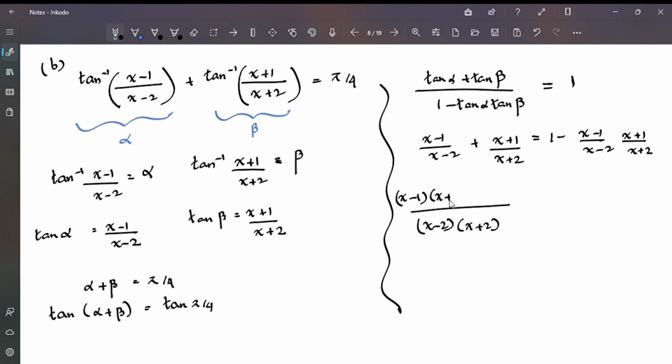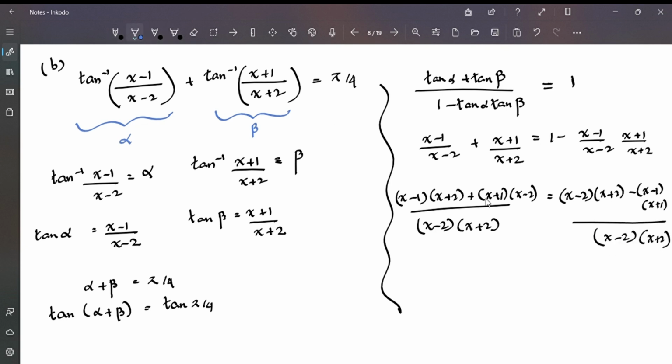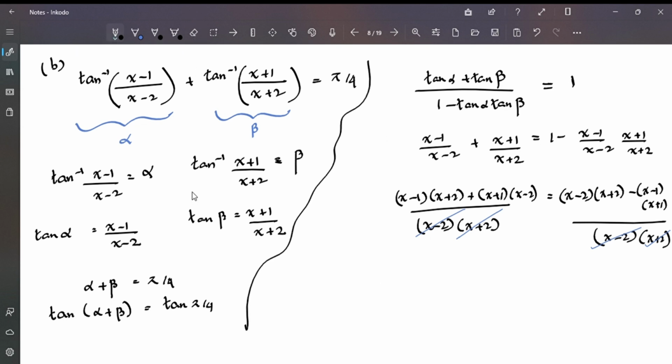Take the common denominator x minus 2, x plus 2. Cross multiply: x minus 1 times x plus 2 plus x plus 1 times x minus 2, over the common denominator x minus 2 x plus 2, equals x minus 2 times x plus 2 minus x minus 1 times x plus 1, whole thing divided by x minus 2 x plus 2. x minus 2 cancels off, x plus 2 cancels off.